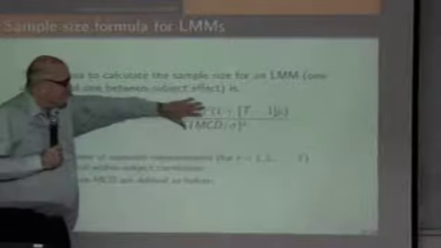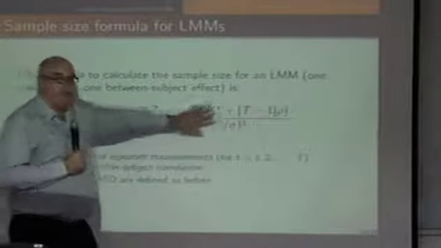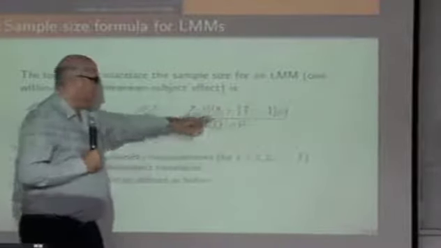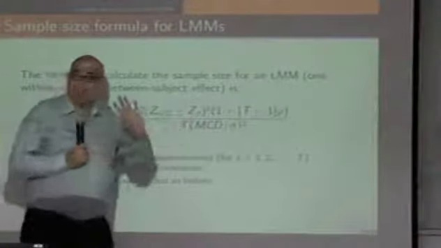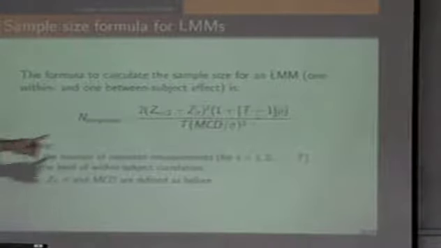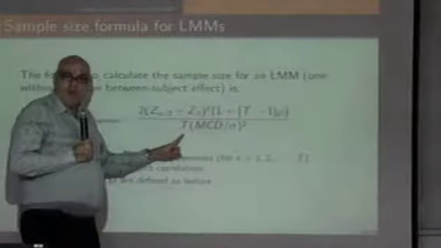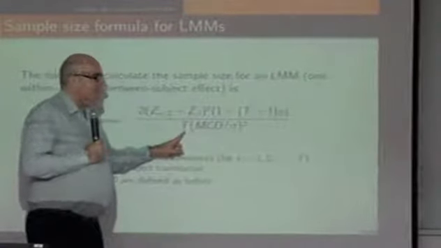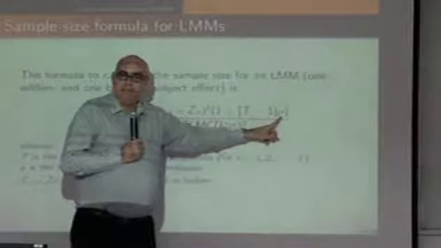If you take out one or two terms here, it's a standard two-sample t-test calculation. So there's just one or two things that are being added to it. First, how many time points are we considering? That's capital T. And second is within subject correlation.